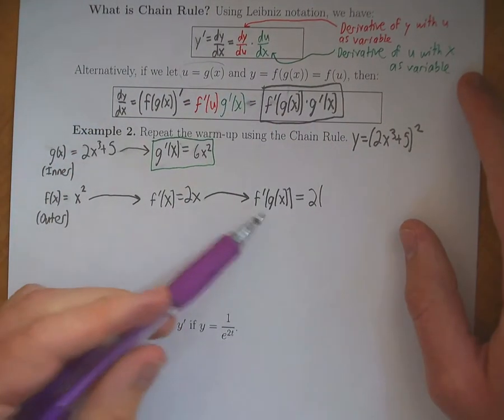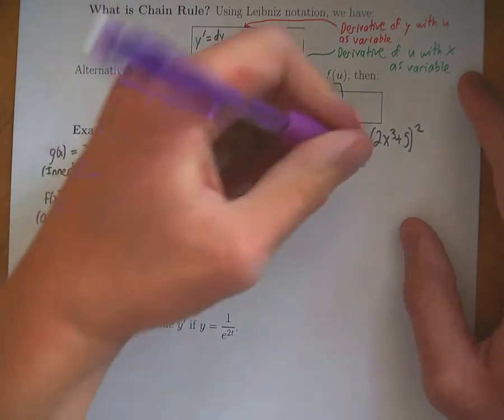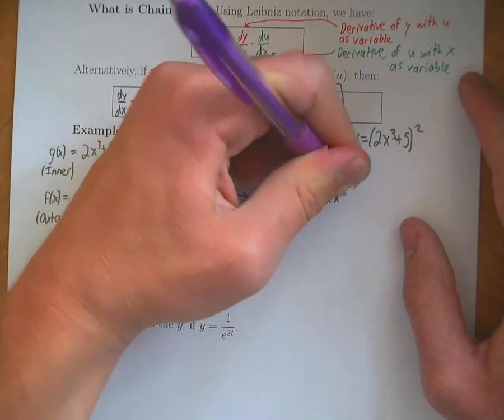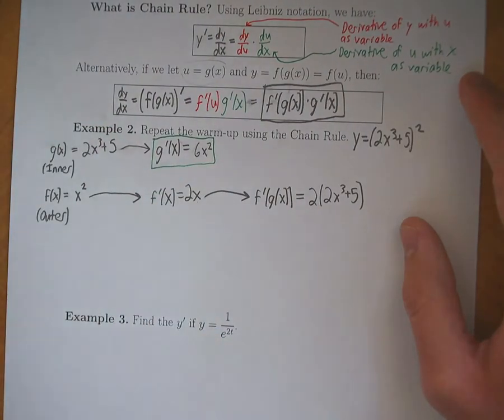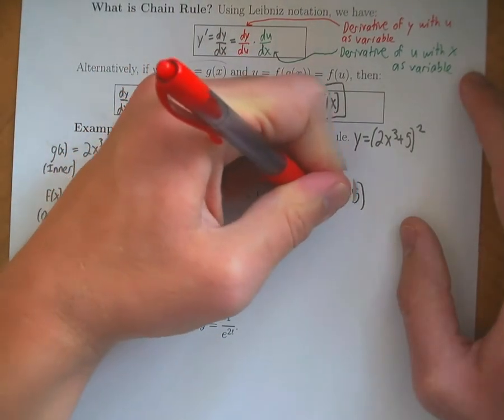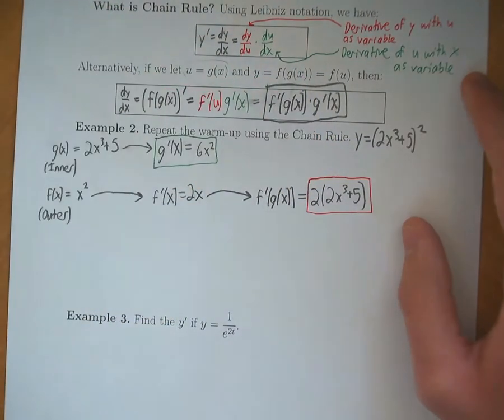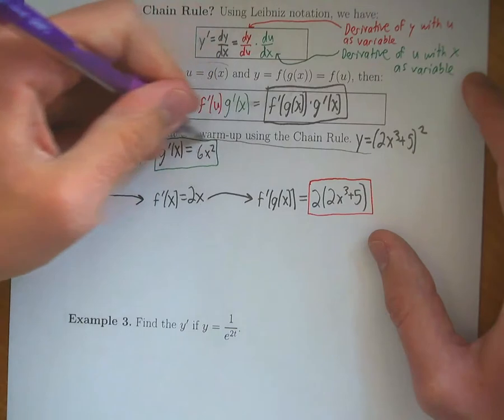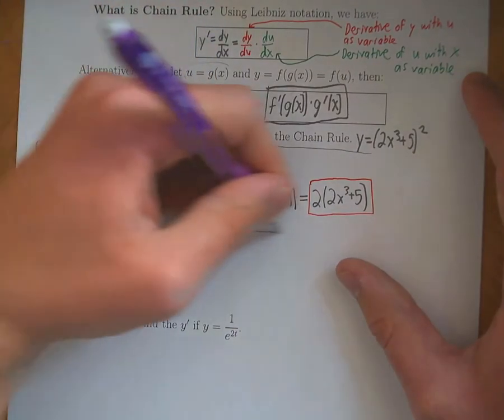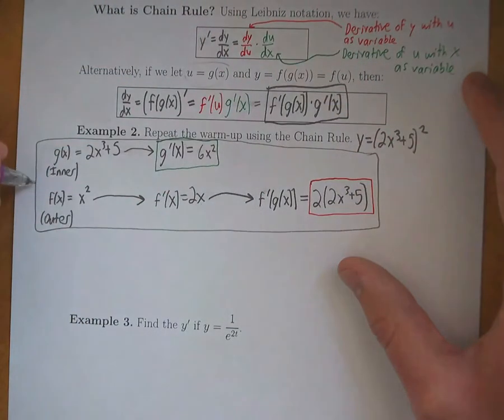Well, g of x we already established is 2x cubed plus 5. So we just replace x here with 2x cubed plus 5. This would be your f prime of g of x. So that takes care of that.